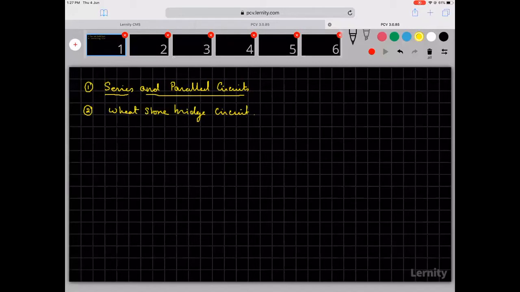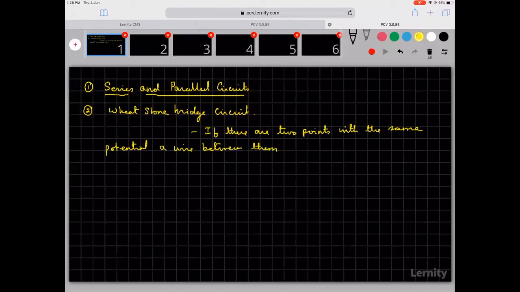When we did the Wheatstone bridge circuit, I told you that if there are 2 points with the same potential, a wire between them will not have any current.